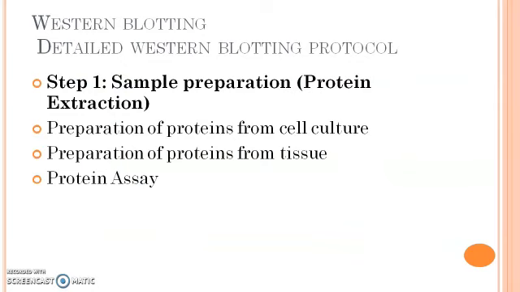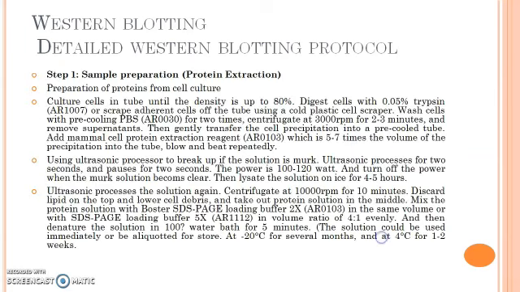So the whole process goes through 9 steps. Step 1 is sample preparation or protein extraction, which covers preparation of proteins from cell culture, preparation of proteins from tissues, and the protein assay.